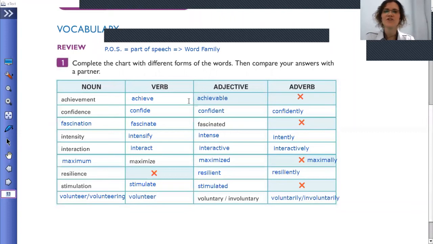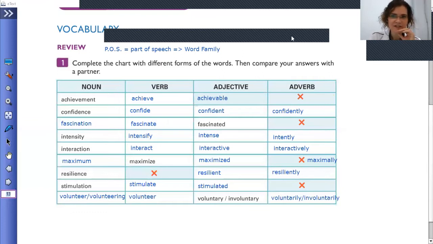So if you want to make sure, you can always add a or an and then use the adjective with a noun, and then you can see if adjective and noun work. If not, that's not an adjective. So try to put a noun next to it. And for an adverb, try to put a verb next to it to see whether it works or not. But as you can see, adverbs almost always have ly, and adjectives have a lot of able or ful or ed or ive. And nouns, they have either ment or tion. There's a lot of those, yeah?